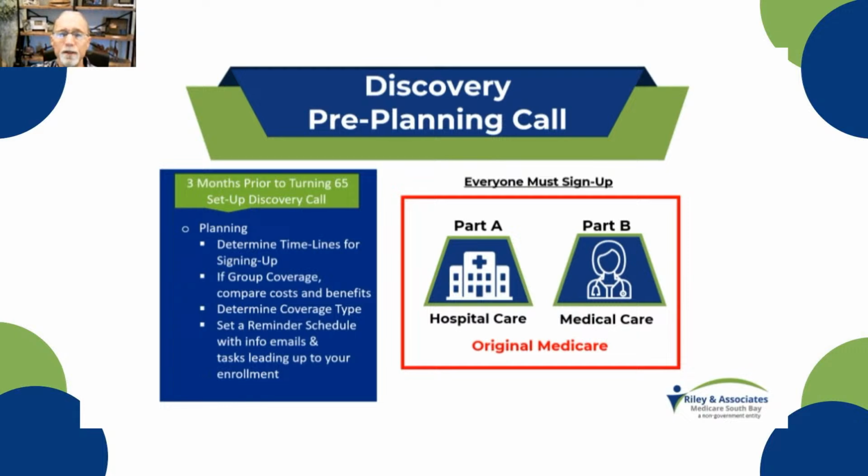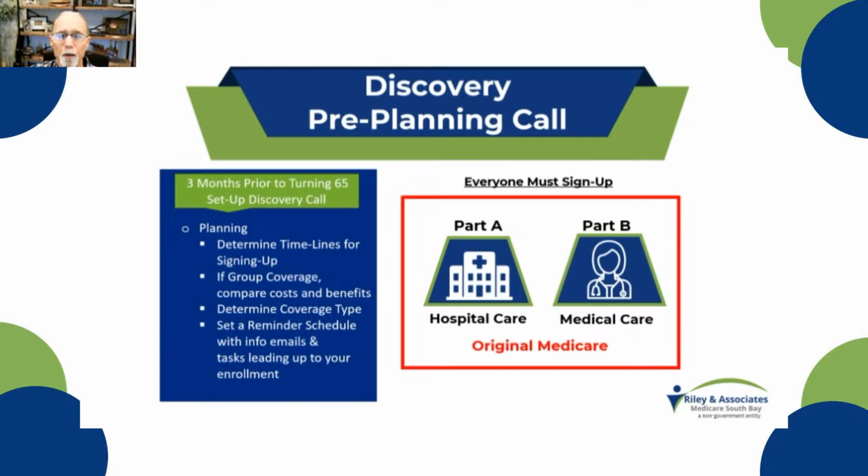During this discovery call, we determine your timelines, we compare coverage, we create a schedule based on your needs, and we begin preparing your presentation and options. So it's super helpful. Basically, what we're doing is we set your path, we guide you through the process, and get you enrolled on time in a plan that's right for your needs.